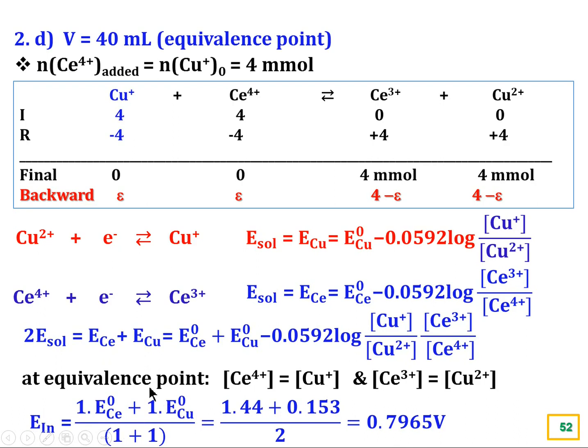To note that we can apply the expression of E at equivalence without proof. E of the solution at equivalence equals N1 E01 plus N2 E02 divided by N1 plus N2.